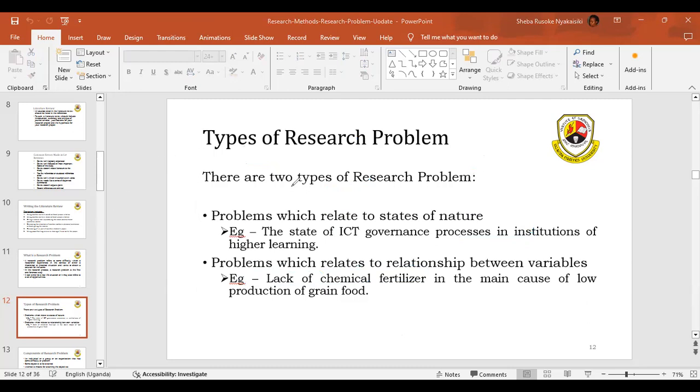So we have different types of research problems. The research problem guides your research on whether your research is going to be qualitative or quantitative in nature. So that is a key point to note.